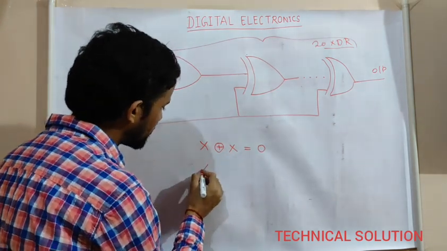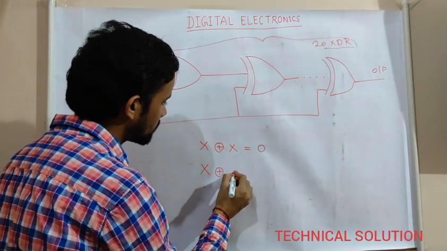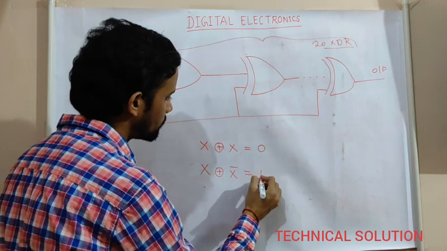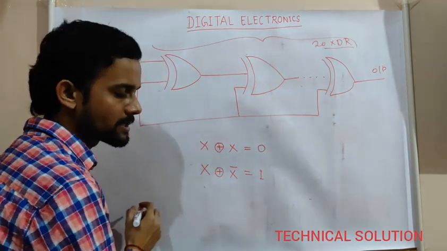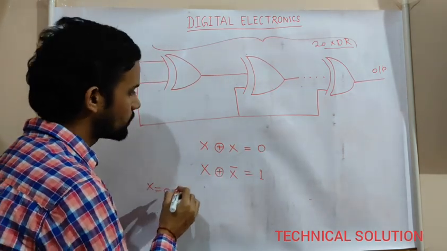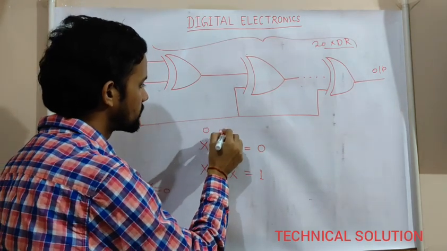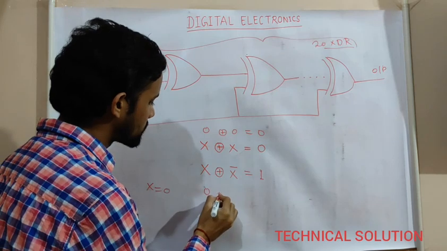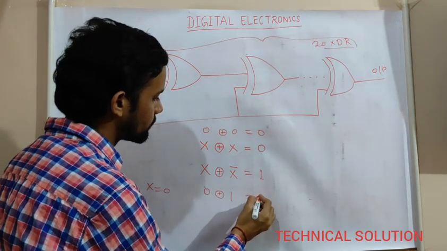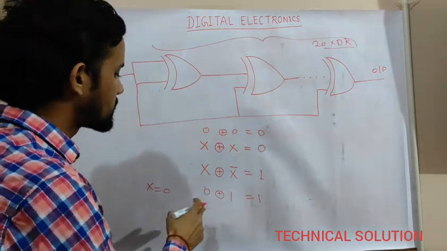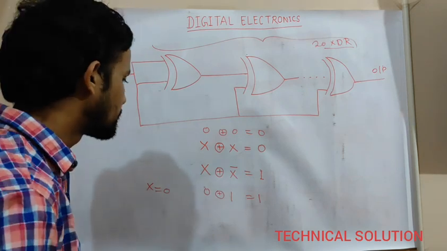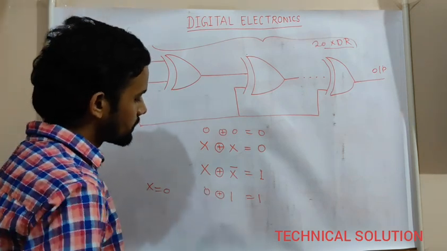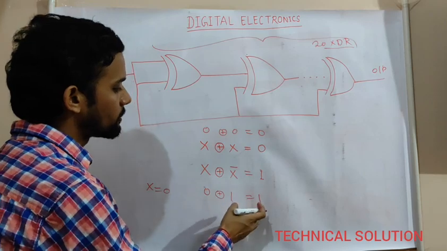If there are different inputs, that means X XOR X complement equals 1. If X equals 0, then 0 XOR 0 gives 0, and 0 XOR X complement, which is 1, gives 1. As we know, XOR is the odd number of ones detector, so if the input has an odd number of ones, its output becomes 1.